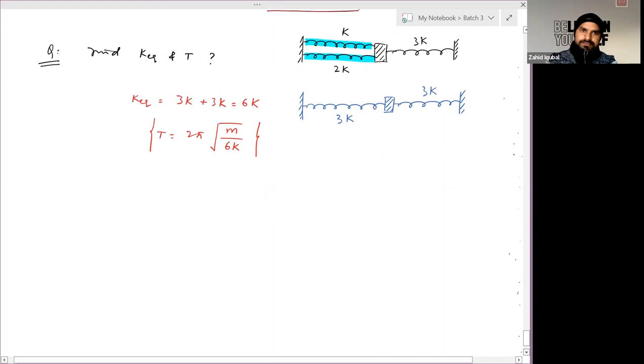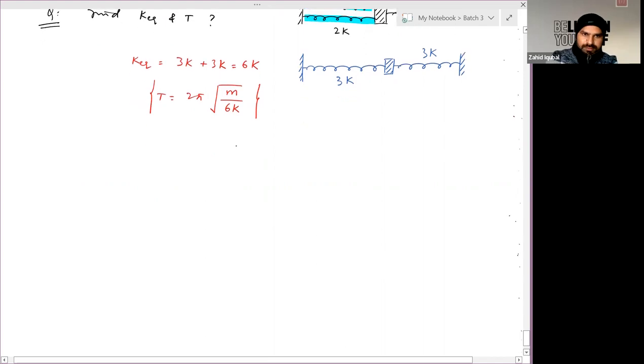Next, we may define this oscillation into two categories. One is called undamped oscillation, and the other is damped oscillation.